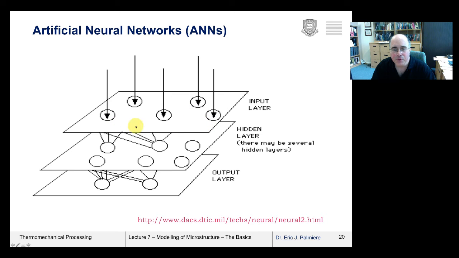We then take those inputs and give them a weighting. We rank them. So this is where we have our algorithm to process the data. There may be more than one layer in which this processing takes place. But eventually, we arrive at outputs, with associated confidence limits in those outputs.